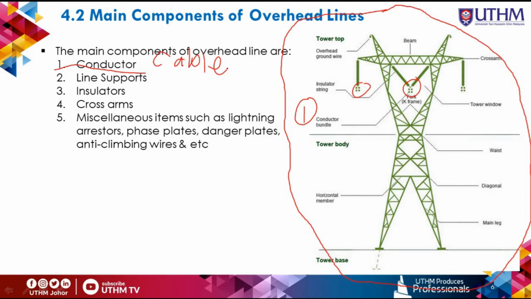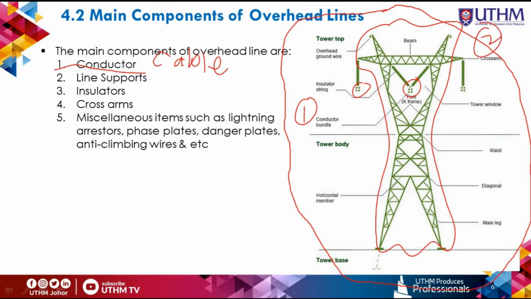And then second is the supports, line supports. This is what we call a line support, which is the poles or towers, and the purpose is to keep the conductors at a suitable level above the ground. That one is number 2, the supports.